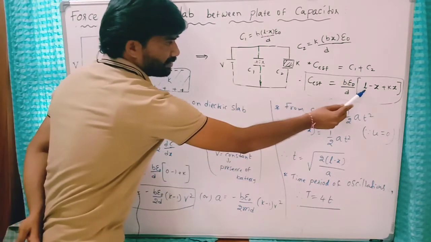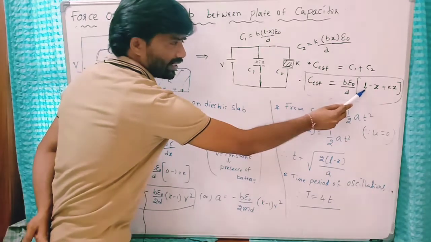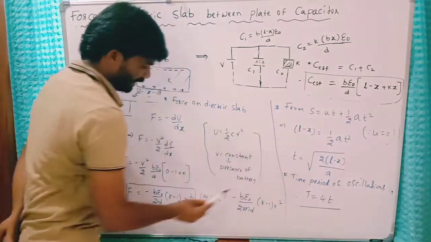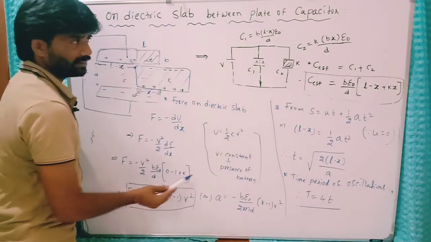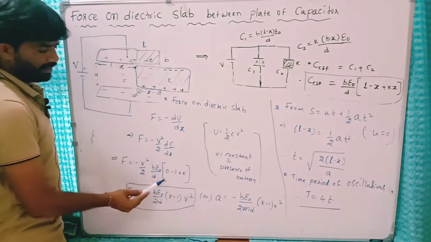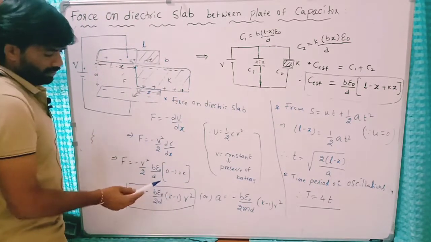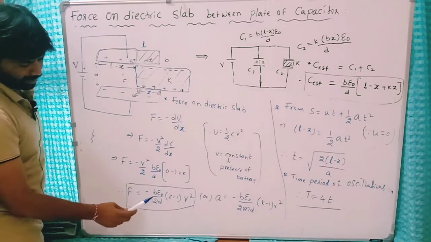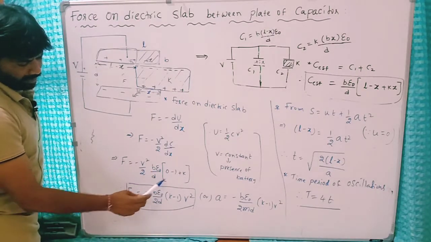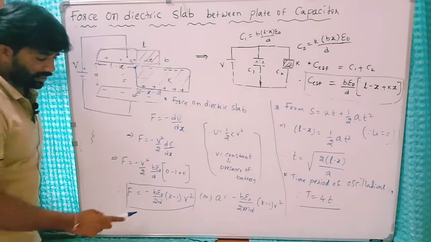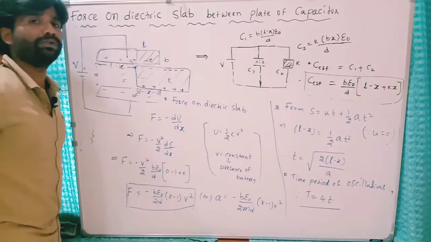The differentiation of this with respect to x is 0, constant, L is constant, the differentiation of minus x is minus 1 with respect to x, and the differentiation of Kx is K. This is the differentiation of that. Now I have written this clearly here, B epsilon naught by 2D and this K minus 1 V square. This is the force of attraction. The negative sign indicates attracting force.